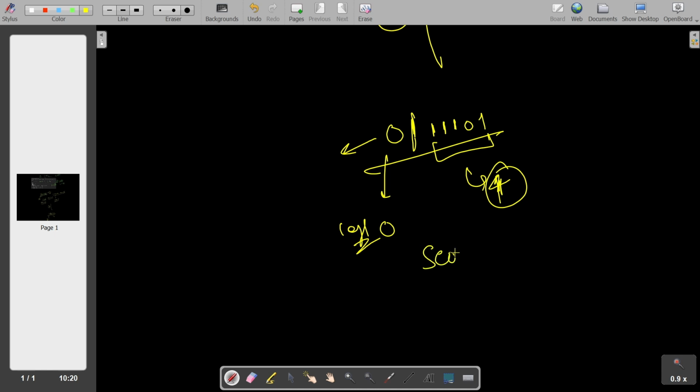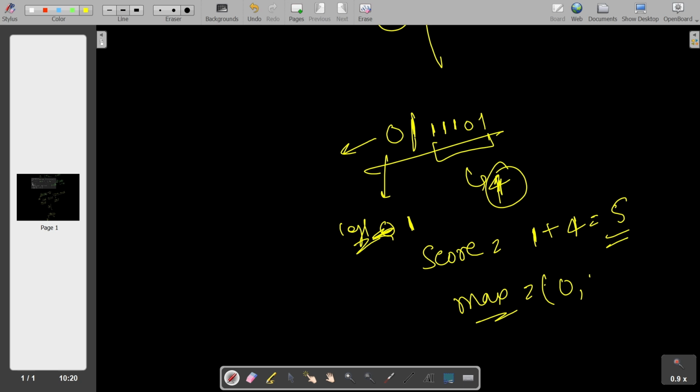Our score is 1 plus 4, which is equal to 5. The maximum of 0 and our score is 5.